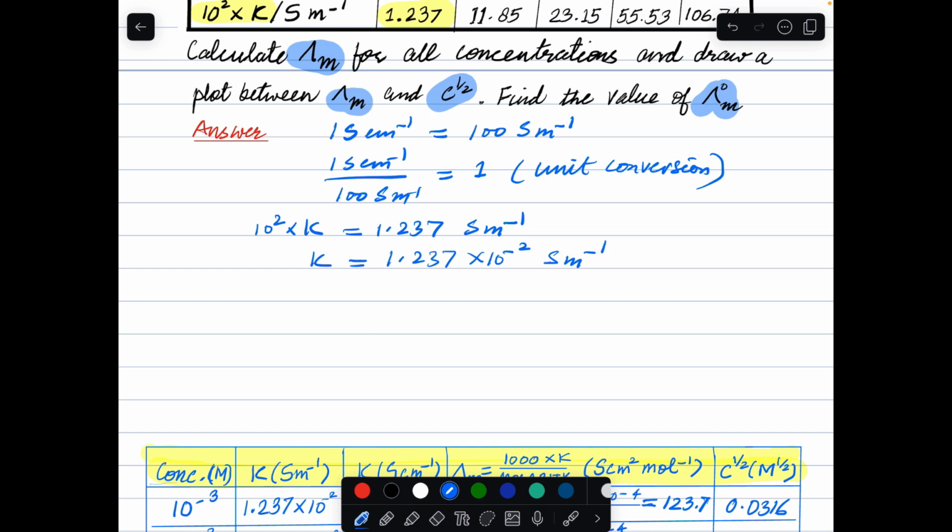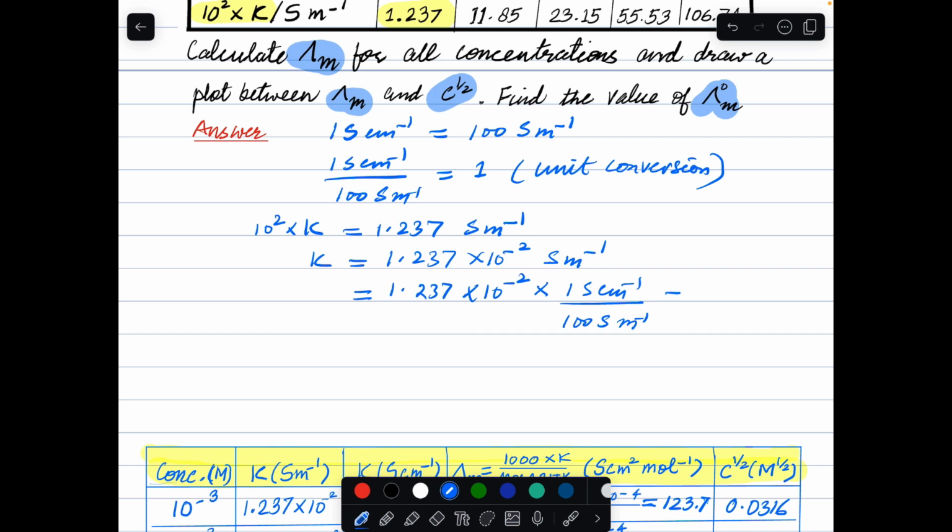And when we convert it into centimeter, this is equal to 1.237 into 10 raised to the power minus 2 multiplied by 1 Siemens per centimeter divided by 100 Siemens per meter.